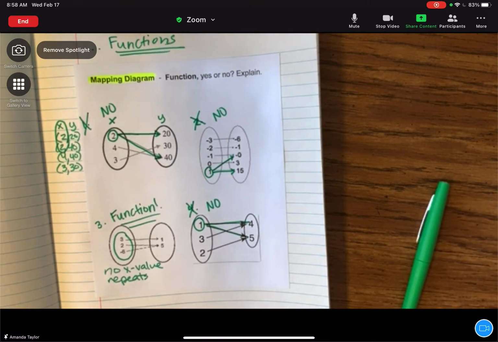Okay, let me give you out the last one. What diagram is this going to be? A graph.